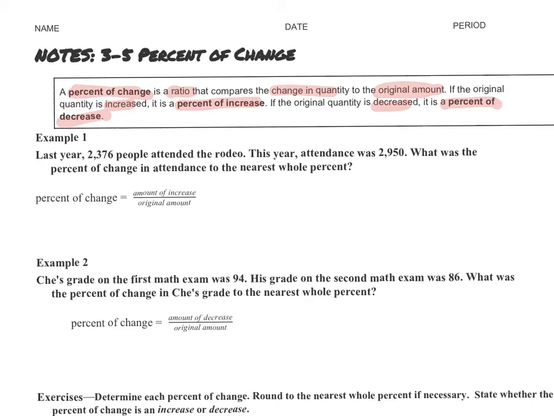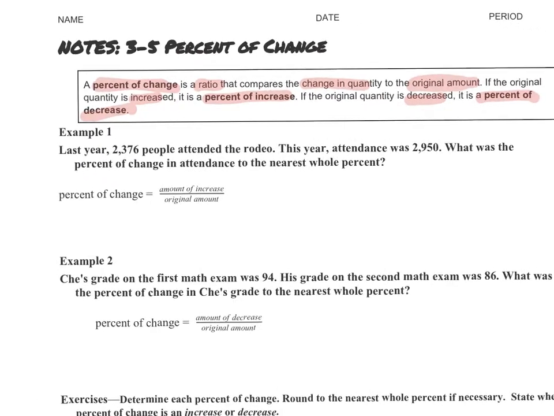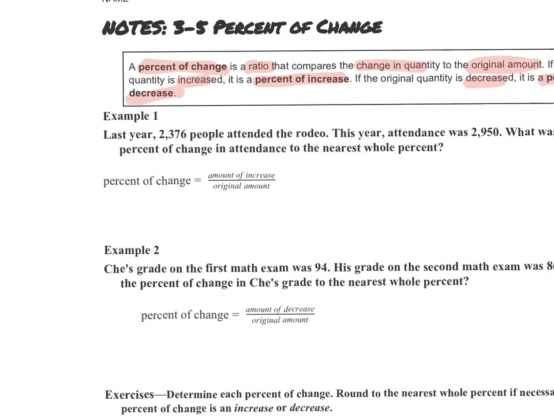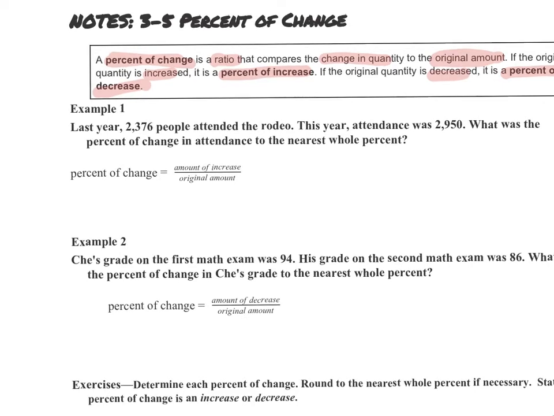So we're finding what percent something is changing by, whether it's getting bigger or smaller, increasing or decreasing. How we want to set those up, just like those other proportions, we want to have two ratios. Since we're talking about percents for this entire page, one of those ratios is going to be x over 100.